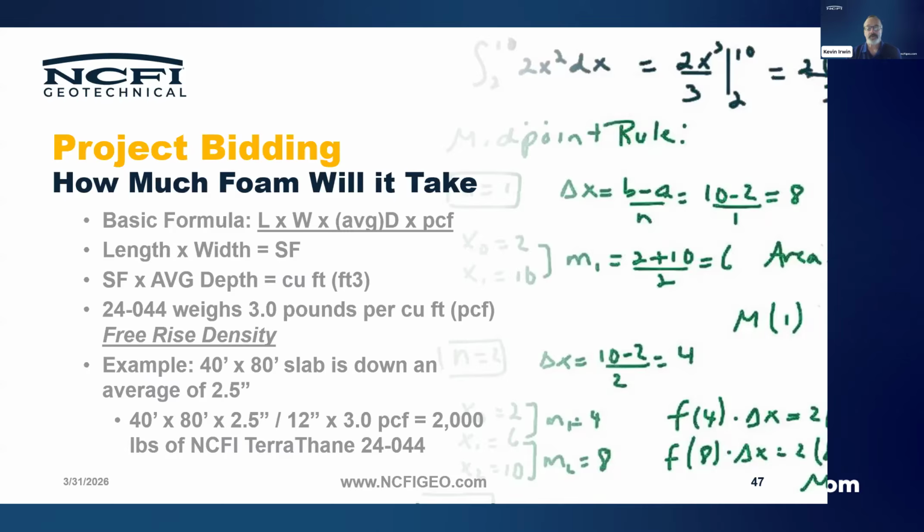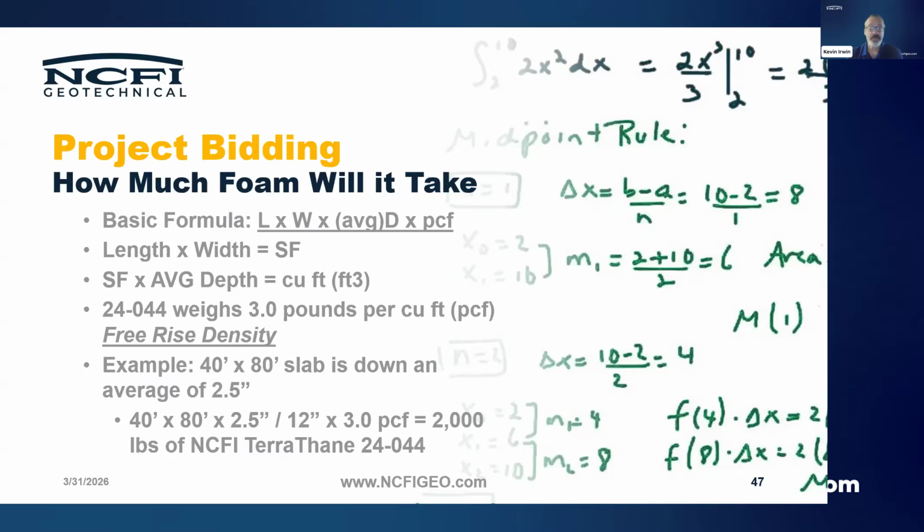And we'll talk about the difference there. But that's 40 by 80 by 2.5 divided by 12. Don't forget, you have to turn your 2.5 inches into feet. And we've got a 3 pounds per cubic foot free rise system. That gives me 2,000 pounds of the 044 or 3RH.